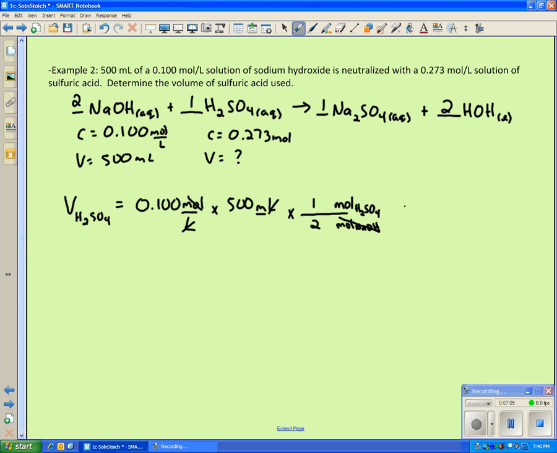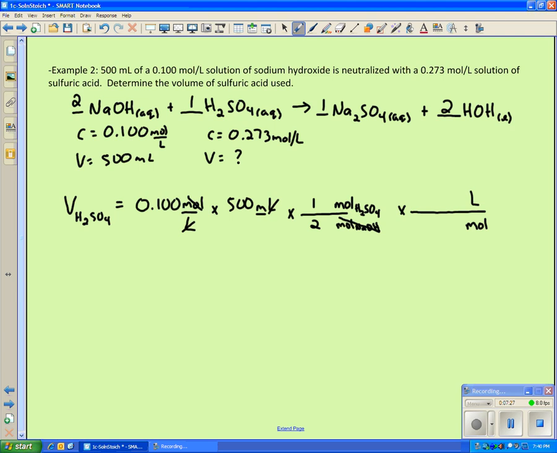I need the volume, so I've got one more calculation. Volume is measured in liters, so using the concentration of sulfuric acid, which should be moles per liter, I'm going to want liters on the top and moles on the bottom so that they cancel with the moles from the previous ratio.